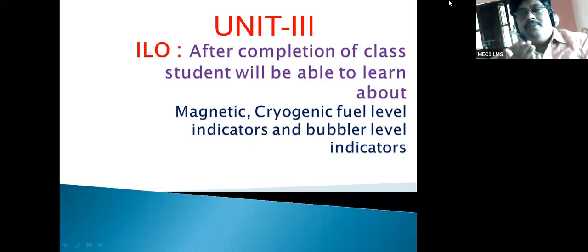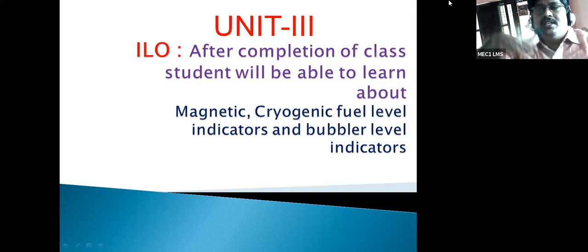If the time period increases, the level of the liquid is very low. If the time period is very small, the height of the liquid in the vessel is more. Because when the level increases, the time period reduces.